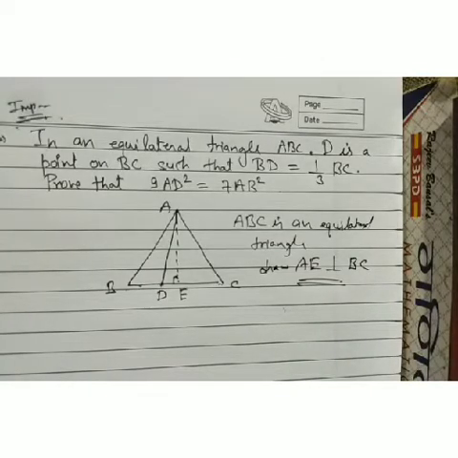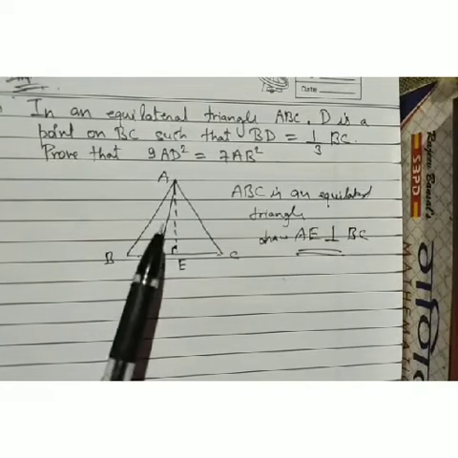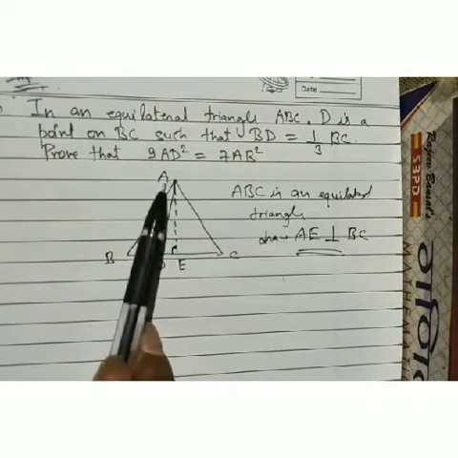Now we have a right angle triangle, and we are going to take the right angle triangle ABE.